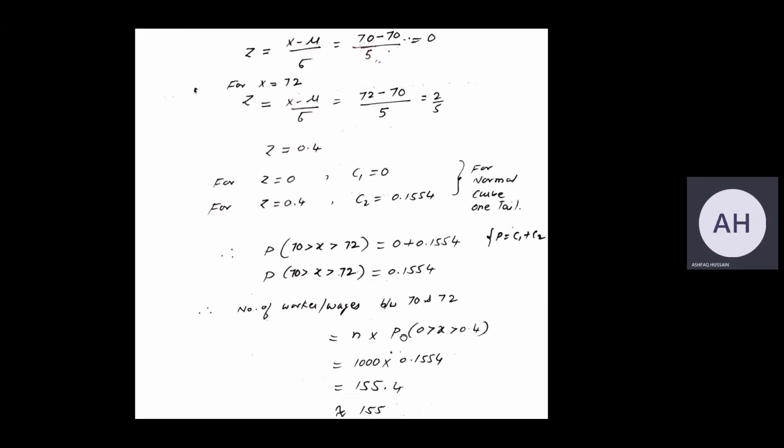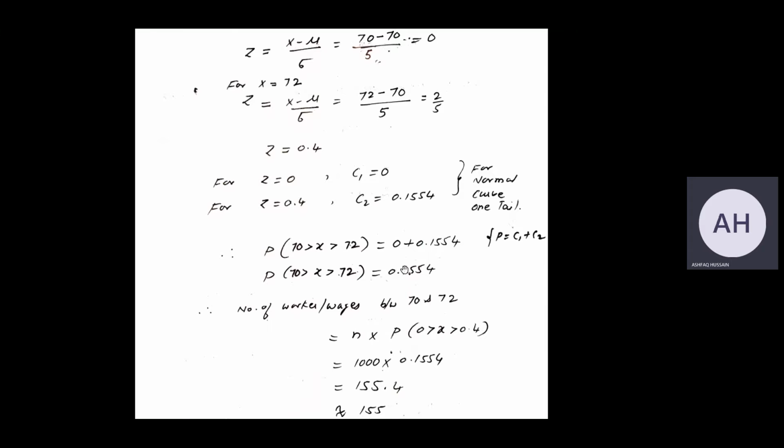When you add this, you will get 0.1154. Now the question is, how many workers have wages between 70 and 72? Multiply this with the number of workers and you will get how many workers are getting around 70 to 72 rupees per day. So when you calculate 1,000 into this, it will be 115.4. So nearly it is equal to 115. So this completes the first part.